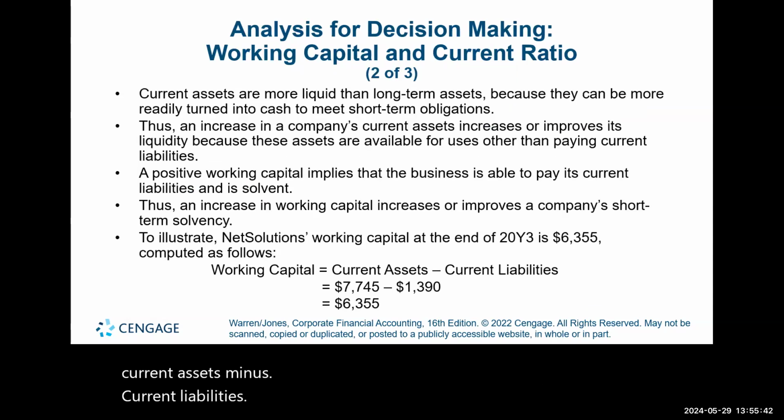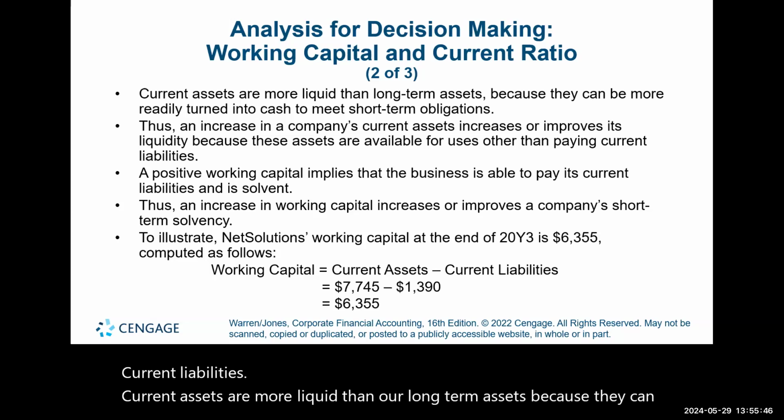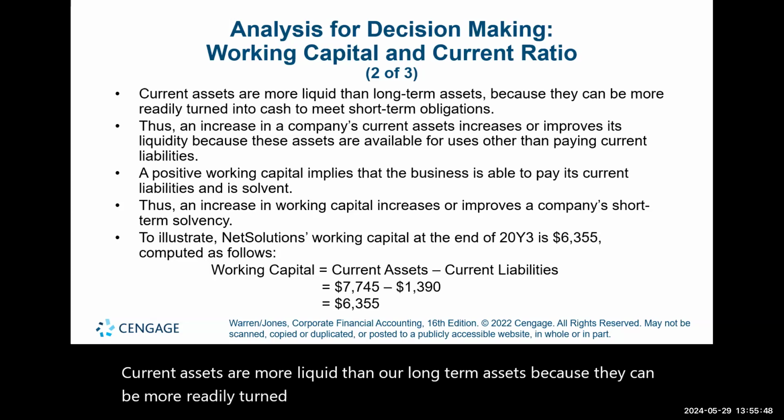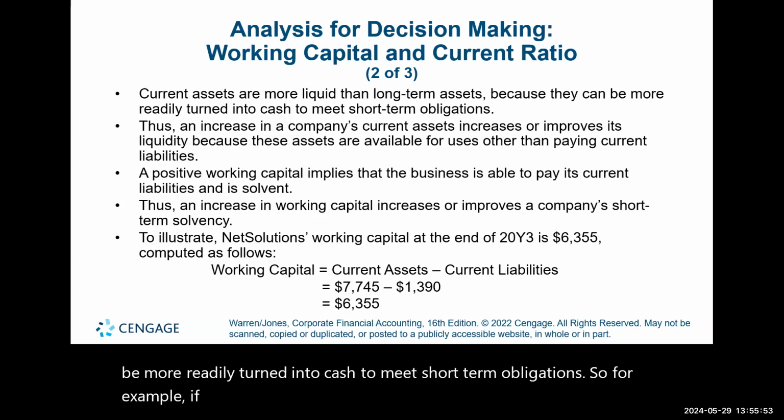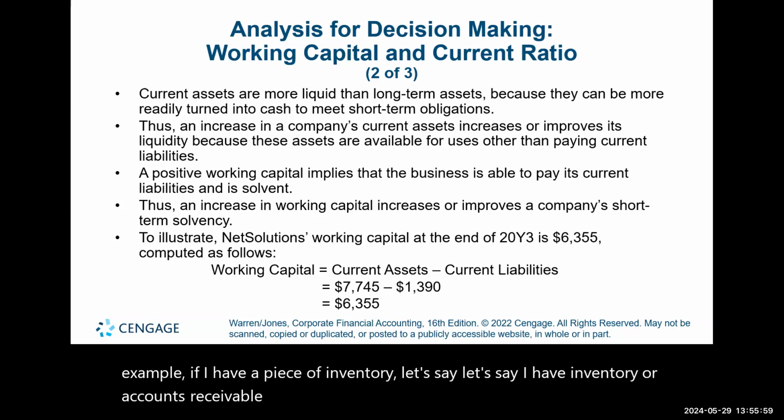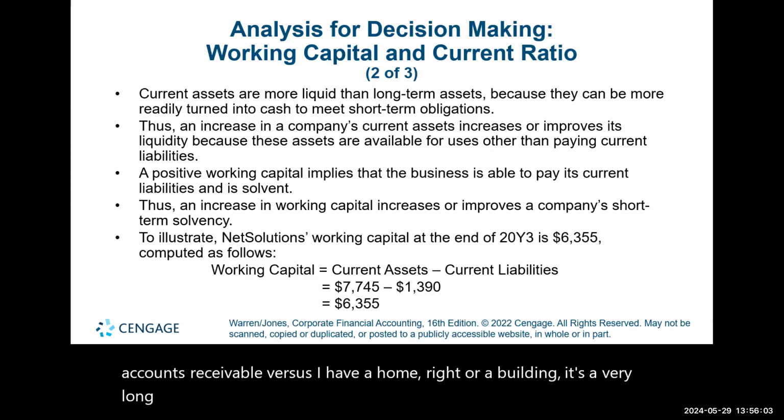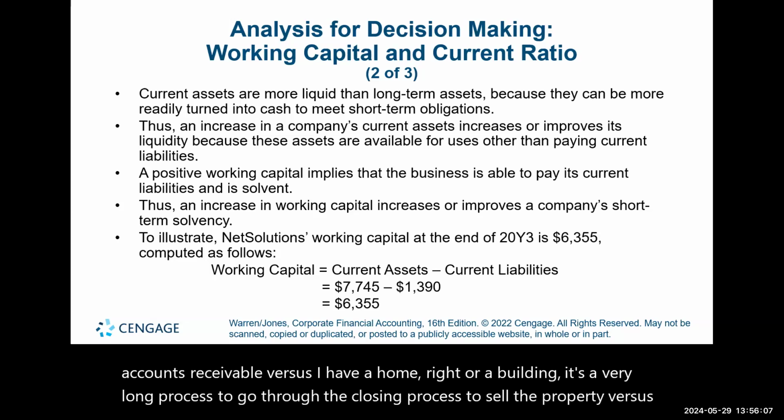Current assets are more liquid than our long-term assets because they can be more readily turned into cash to meet short-term obligations. For example, if I have inventory or accounts receivable versus a home or a building, it's a very long process to go through closing to sell the property, whereas if I have inventory, I can sell it.